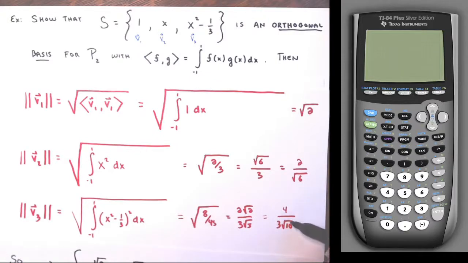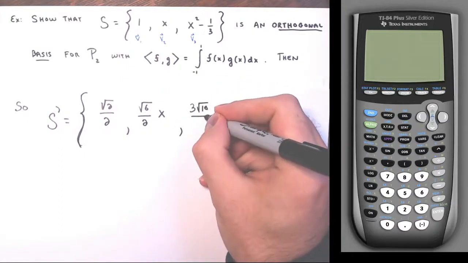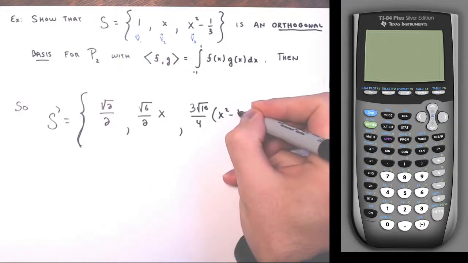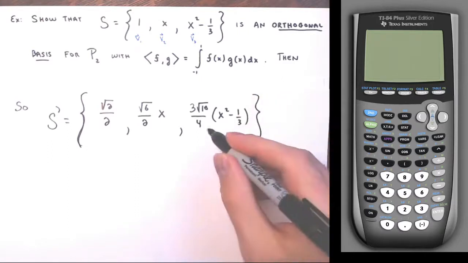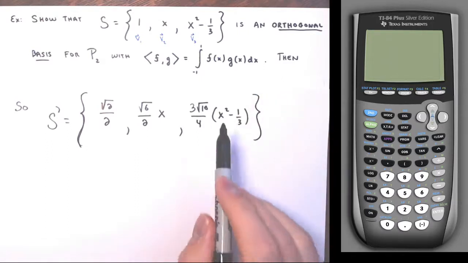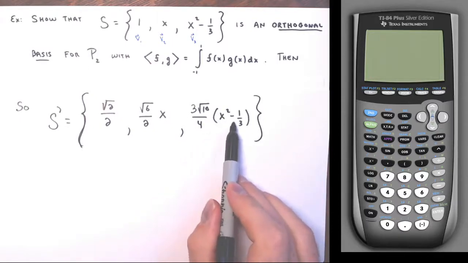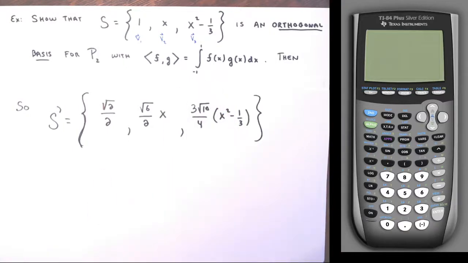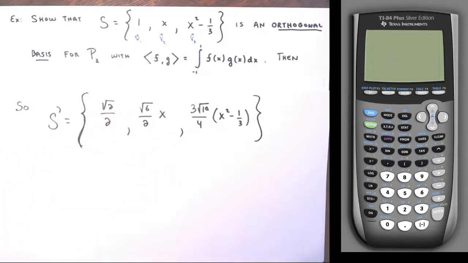Its norm was 4 divided by 3 root 10, so I multiply by 3 root 10 over 4, times x squared minus a third. If you want to distribute that, that's cool too, but that polynomial is from P2, and it is a unit vector under this inner product. This set of these three polynomials is an orthonormal basis for P2.